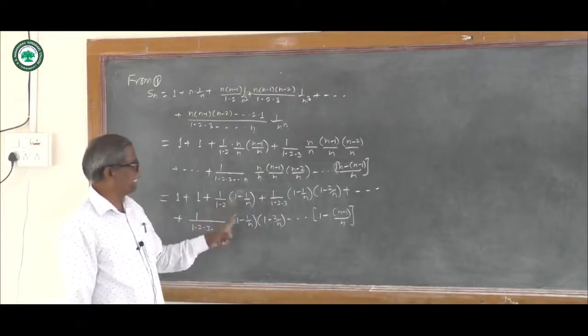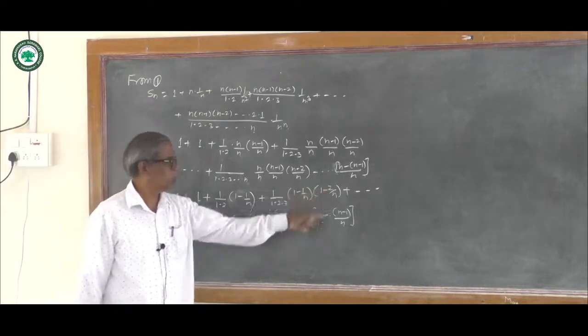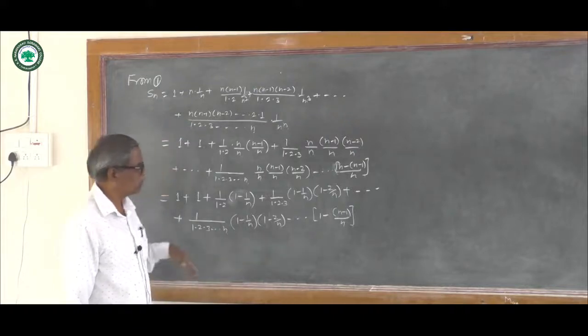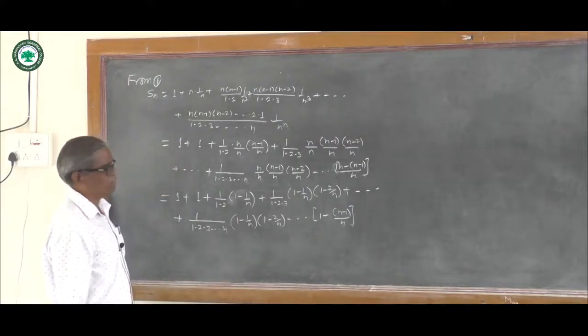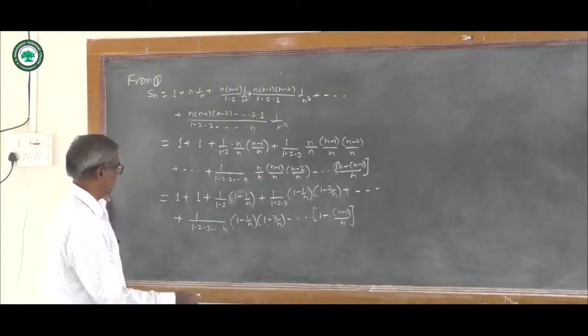Now each bracket is 1 minus 1 upon n, 1 minus 2 upon n, next is 1 minus 3 upon n, and so on. Therefore we replace each bracket, which is less than 1, by 1.